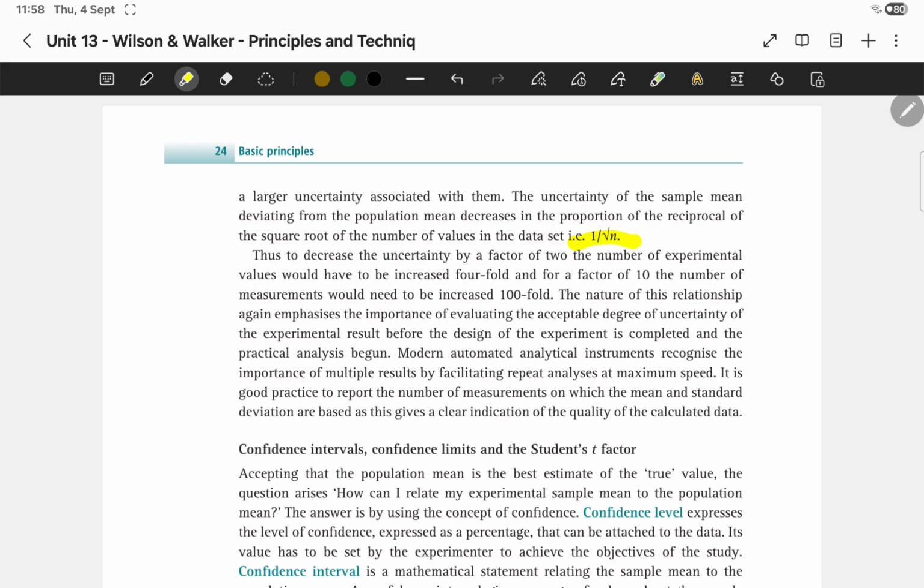Thus, to decrease the uncertainty by a factor of two, the number of experimental values would have to be increased fourfold, and for a factor of 10 the number of measurements would need to be increased 100-fold.